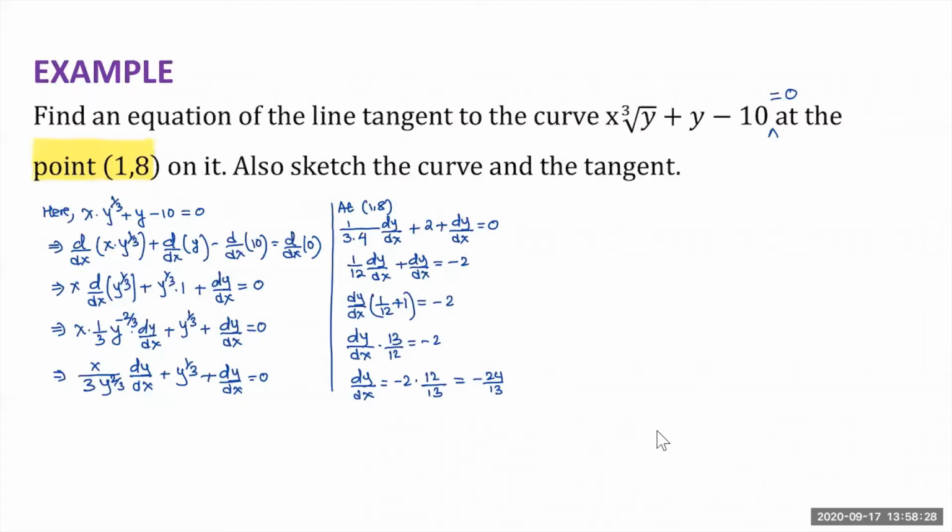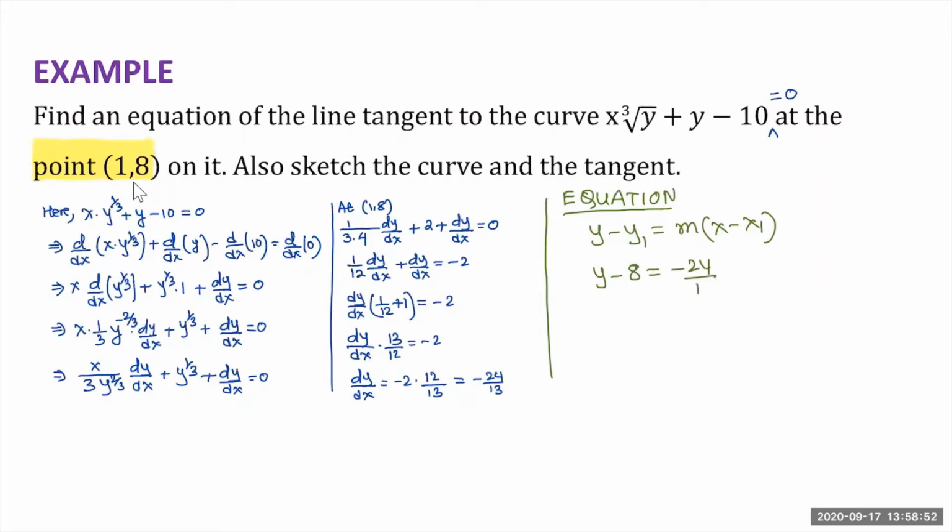Now the equation of the tangent line. We have the formula for the equation: y minus y1 equal to m times x minus x1. So y minus, your y1 is 8. Your slope is -24 over 13.